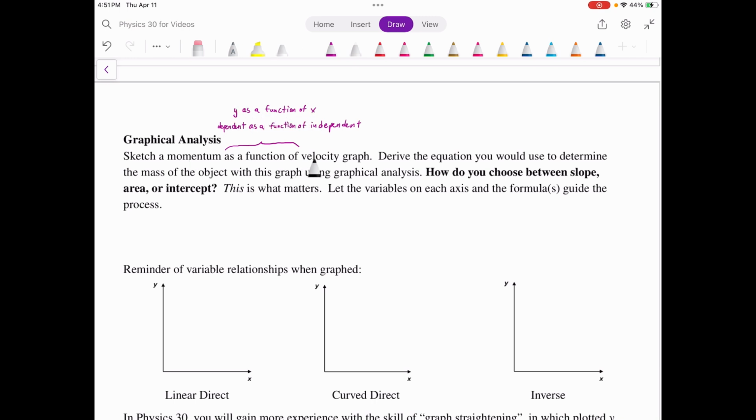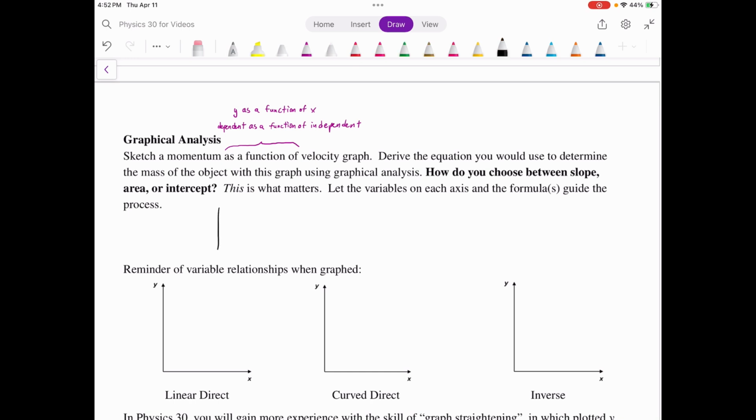When that title is given, that means we're going to graph momentum on the y-axis, velocity on the x-axis, right? It's dependent variable as a function of independent variable, or responding as a function of manipulated, you might sometimes say. Again, that kind of checks out, right? The momentum depends on the velocity. That makes a little more sense than saying the velocity depends on the momentum. So that as a function of, that takes all guess out of it.